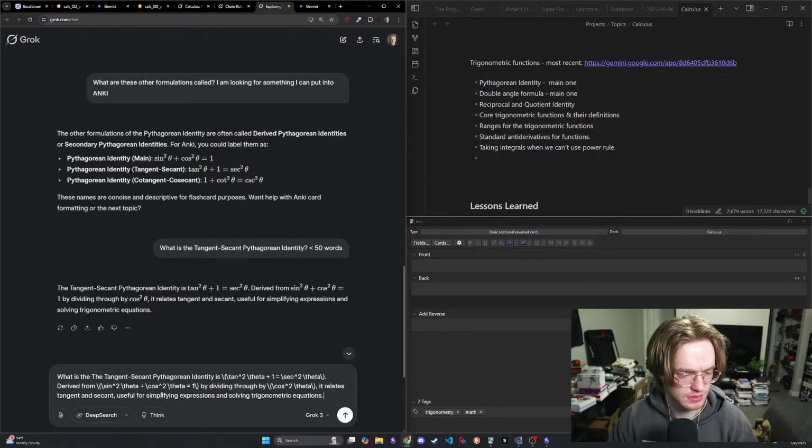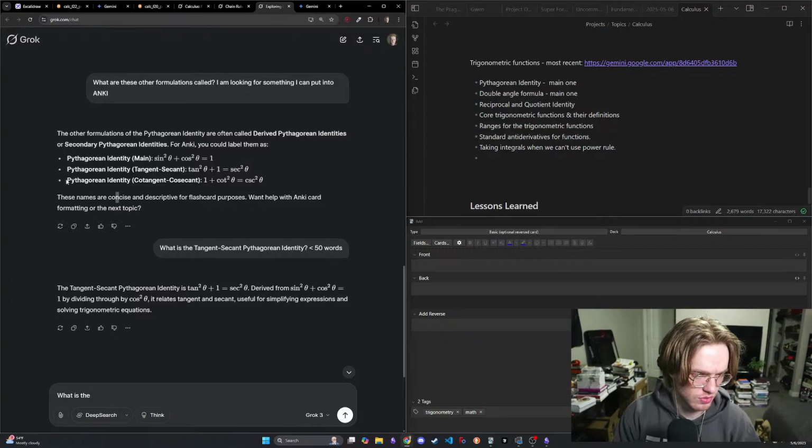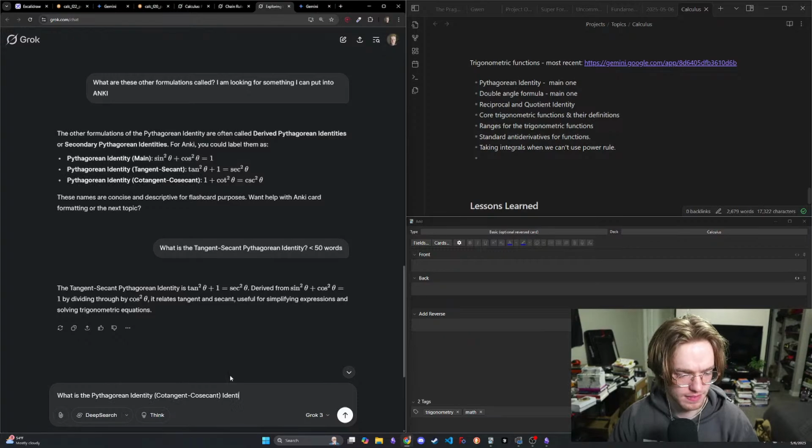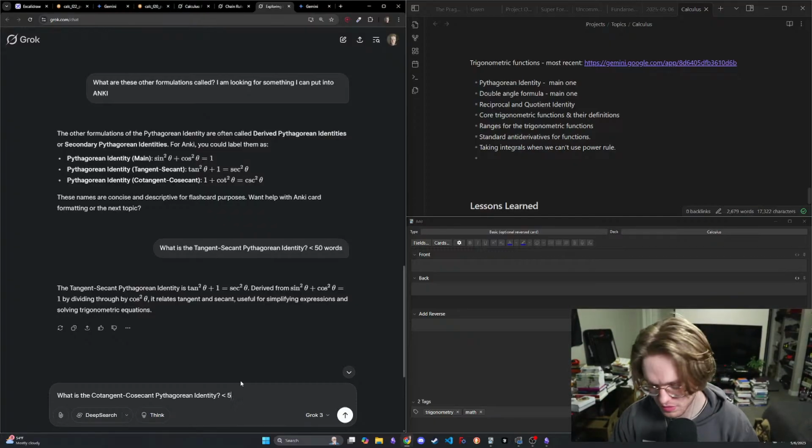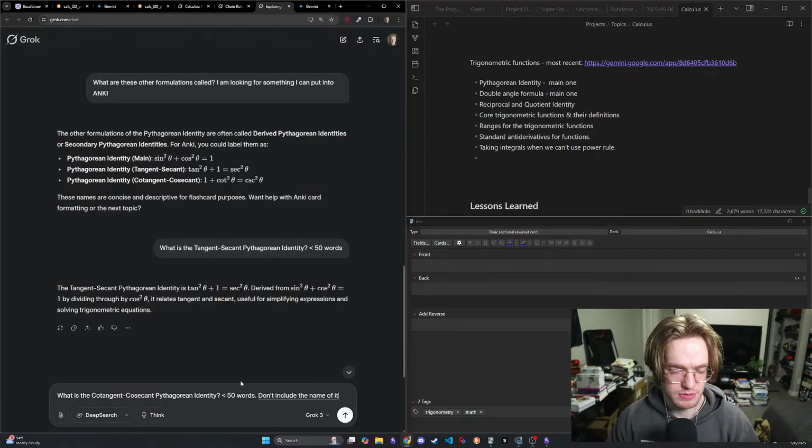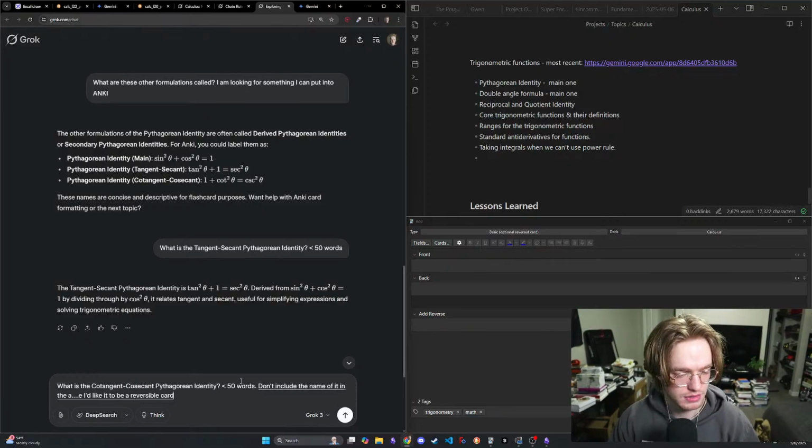Okay. Oops. Okay, I swear I copied this. We'll put this here. Words. Don't include the name of it in the answer because I'd like it to be a reversible card.